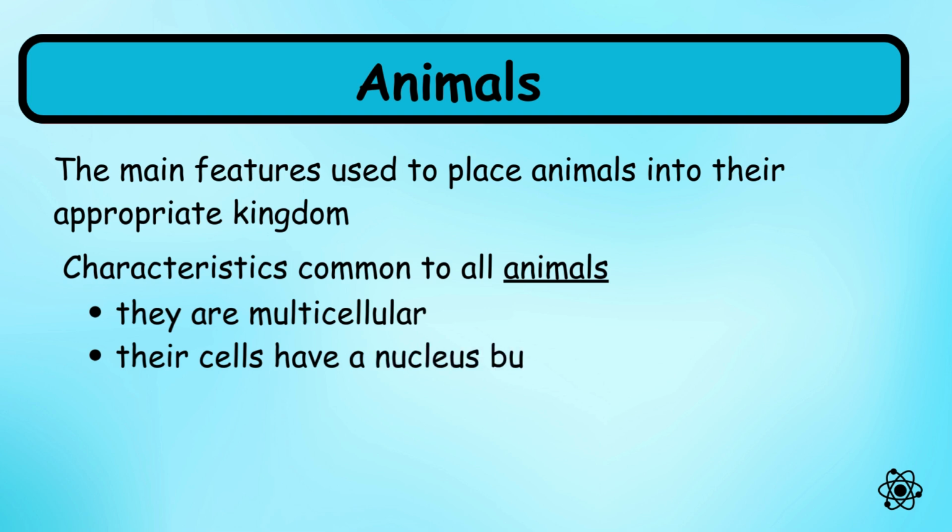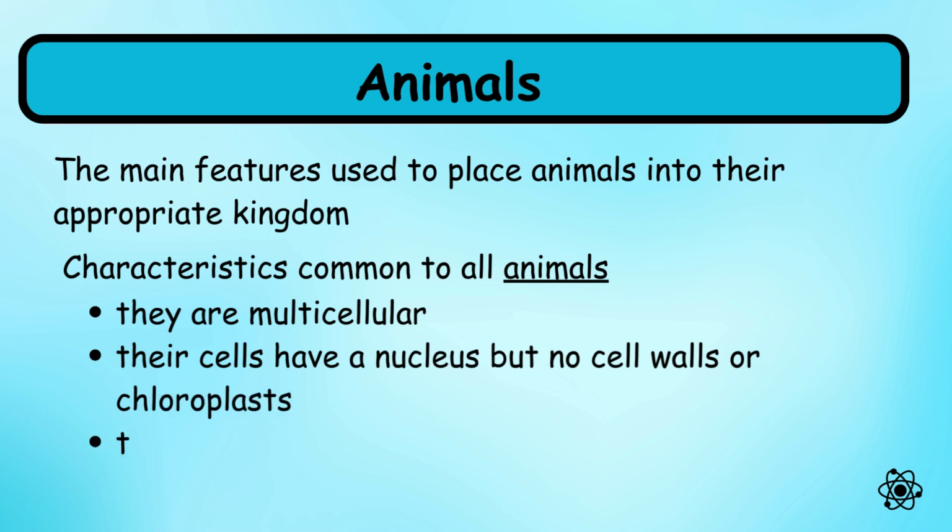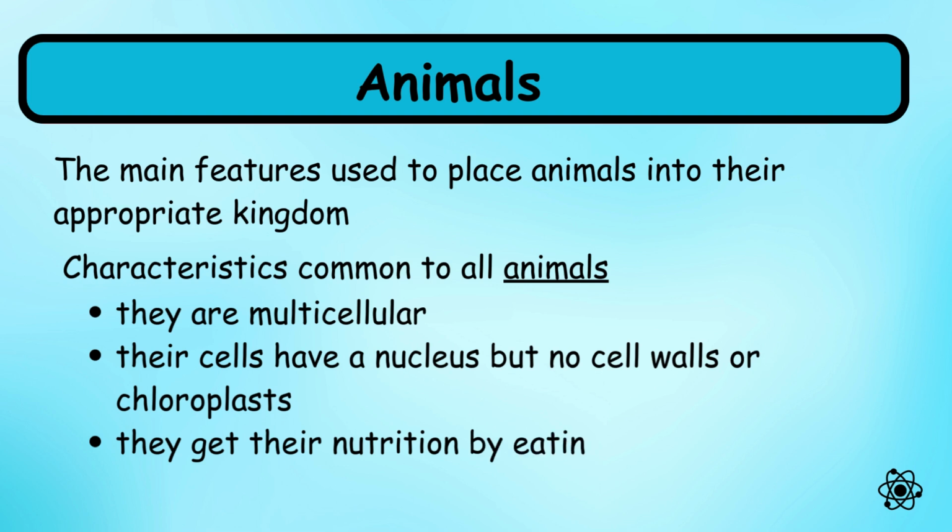The main features of all animals are they are multicellular, or made of many cells. Their cells contain a nucleus but no cell walls or chloroplasts. And they get their nutrition by eating other living things.